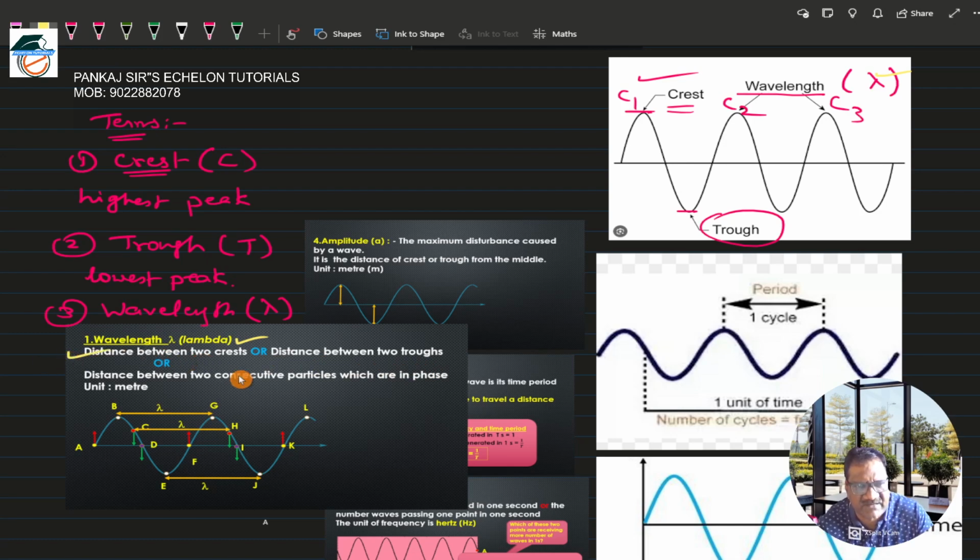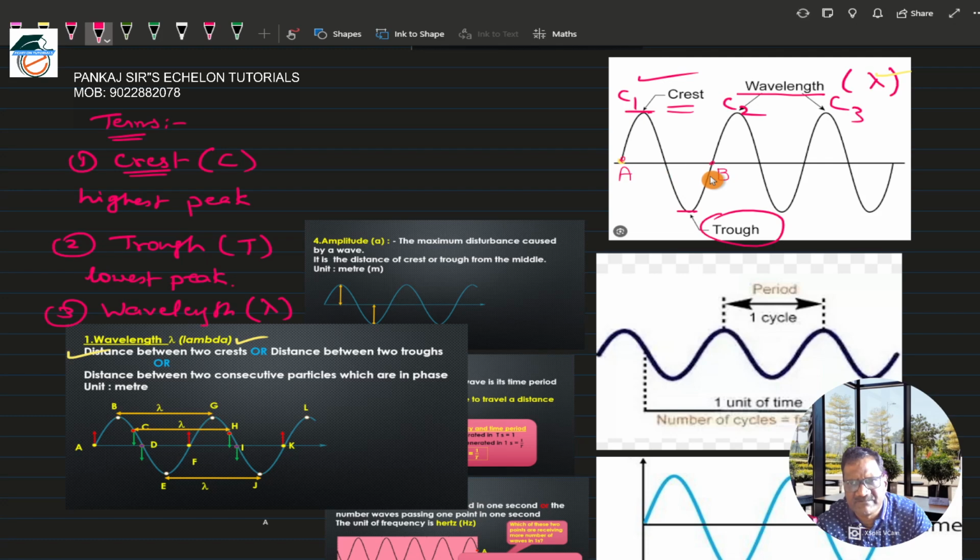That is one of the definitions. Or you can say it is the distance between two consecutive particles which are in phase. What is the meaning of particles in phase? Suppose a particle is over here at this point. Let me mark this point as A, and this point as B. Now A and B are said to be in phase.